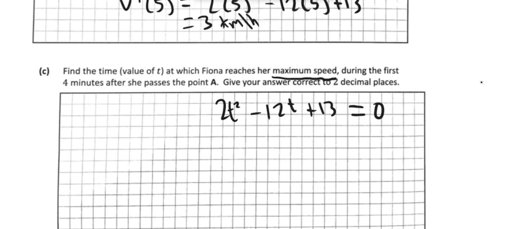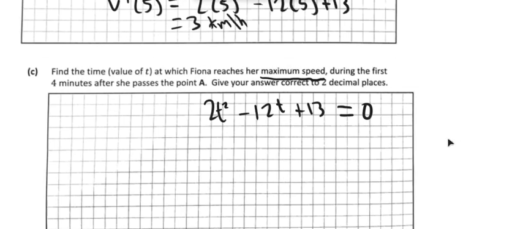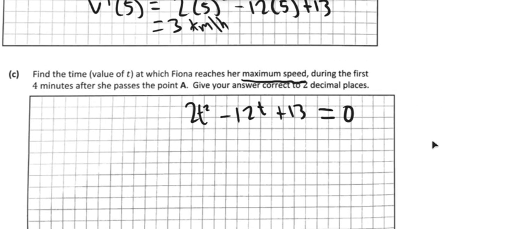All you have to do is just solve for t here, and whatever we get will be the time of her maximum speed. We don't need to put it back in to get the actual speed. We just need the time at which our maximum speed happened.